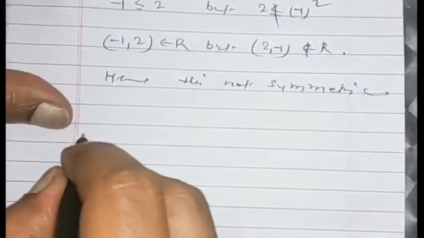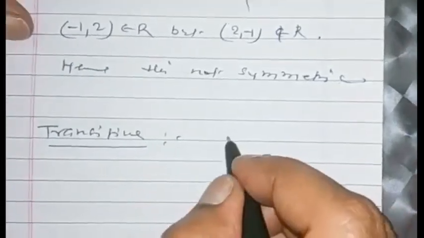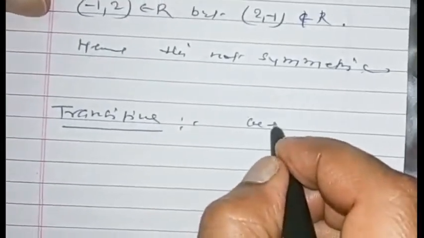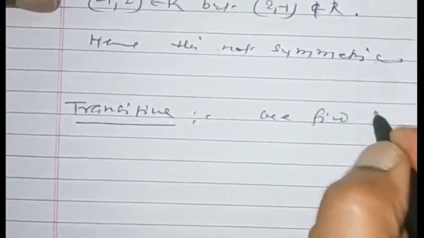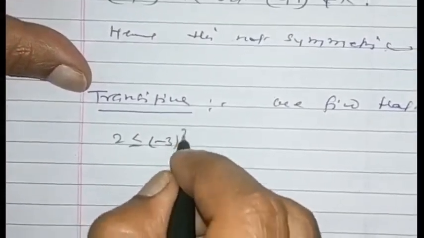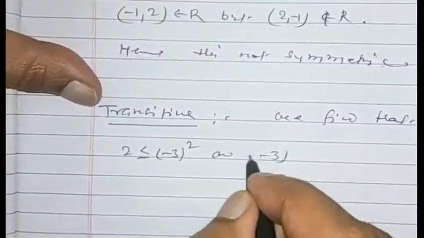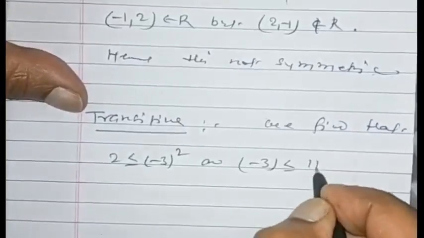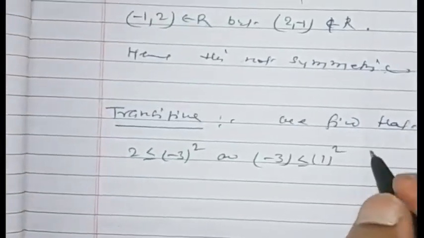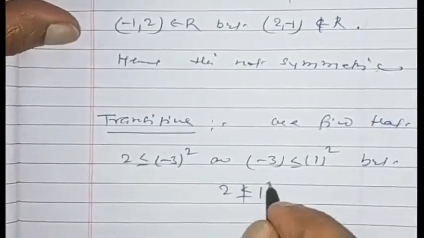Next, transitivity. Here we find that 2 ≤ (−3)² and −3 ≤ 1², but 2 is never less than or equal to 1².